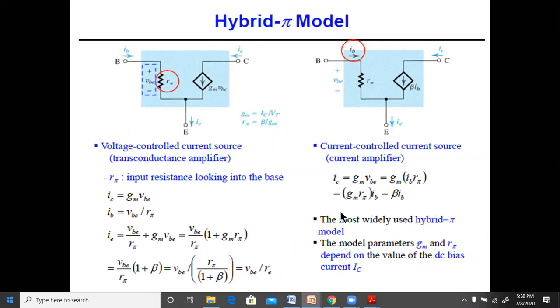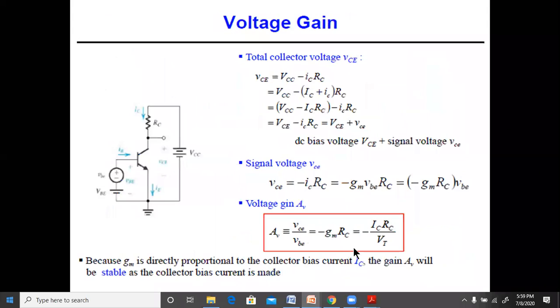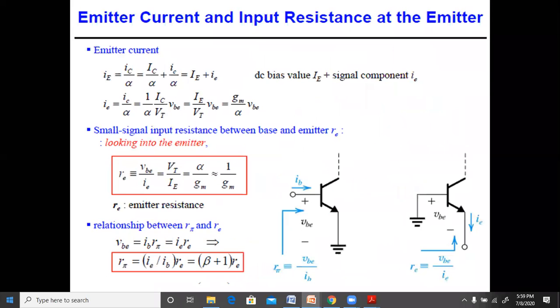The hybrid pi model, whatever we are using here, is the most widely used model, but sometimes we do use the T model, which is not in the syllabus, but really speaking it is very important. The model parameters GM and R pi depend on the values of the DC bias current IC. We know GM is equal to IC by VT and R pi will be equal to beta by GM, which we have already found in the last class.